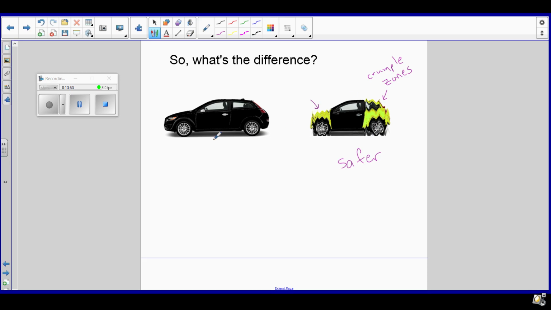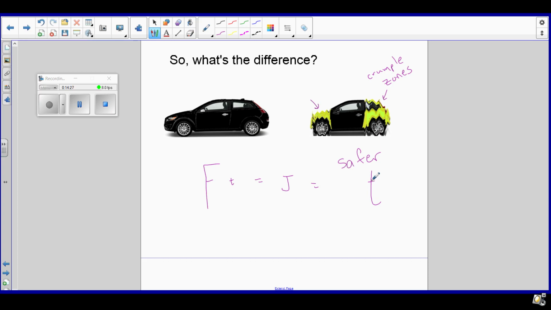Even though this vehicle looks fine, unfortunately, with such a strong material and all being fully incompressible, the impulse felt in this collision is going to be for a very short amount of time, which means it's going to be a great force. And the vehicle with the crumple zones will extend the time of the collision, meaning it takes longer for that vehicle to come to a stop, even if it's fractions of a second.